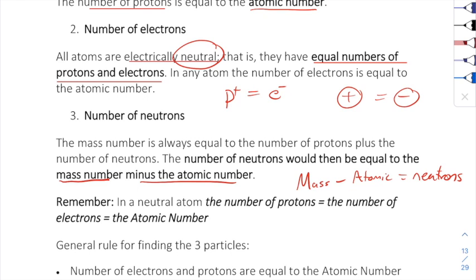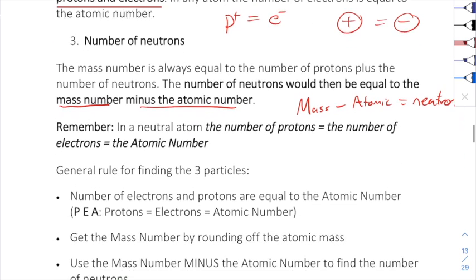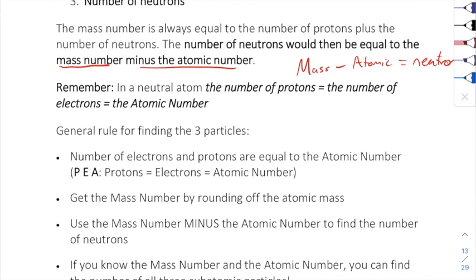The atoms are fully described in this way. We can say that the number of neutrons is calculated from the mass minus the atomic number. Number of protons is directly equal to the atomic number. Number of electrons is equal to the number of protons, or equal to the atomic number in a neutral species. So 3 rules. P, protons equals electrons equals atomic number.